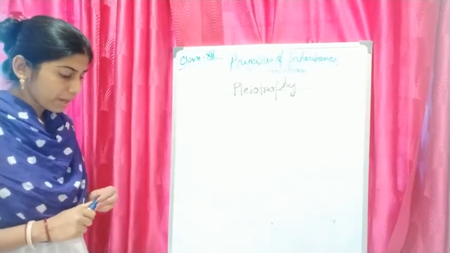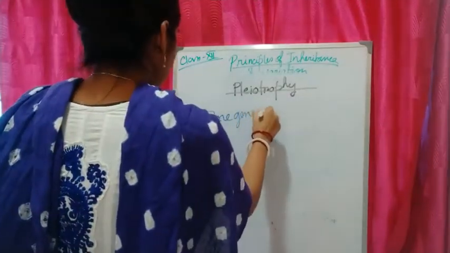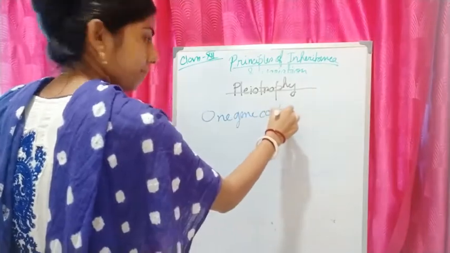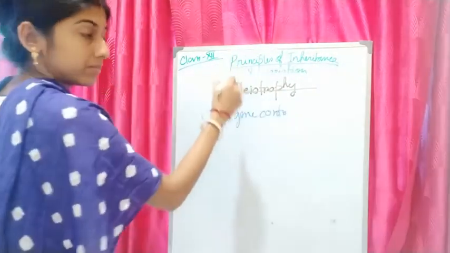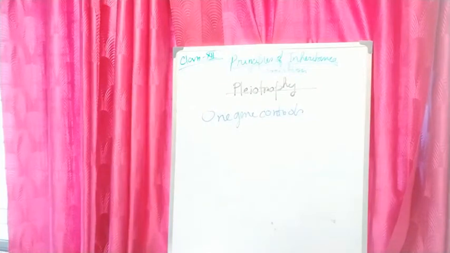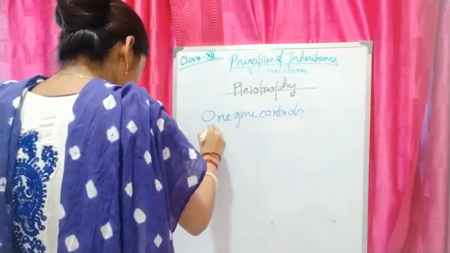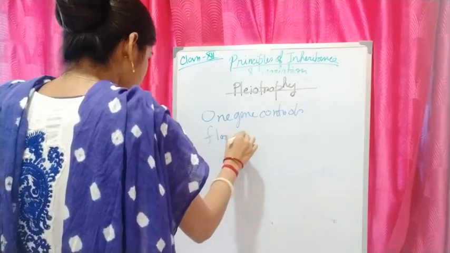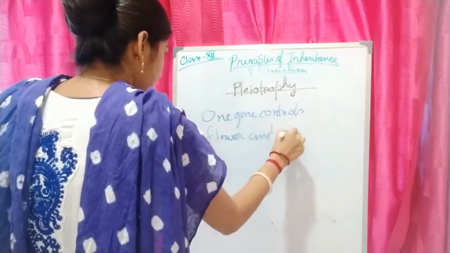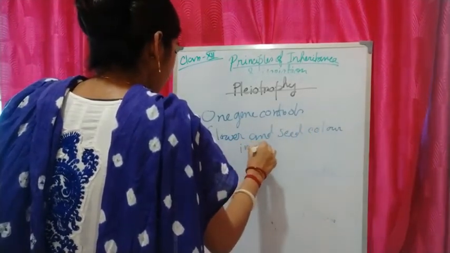What is the example? The example is that one gene controls flower and seed color in pea.